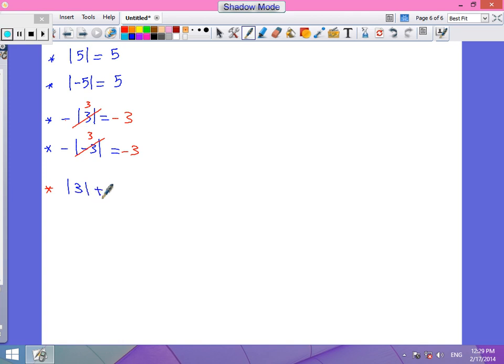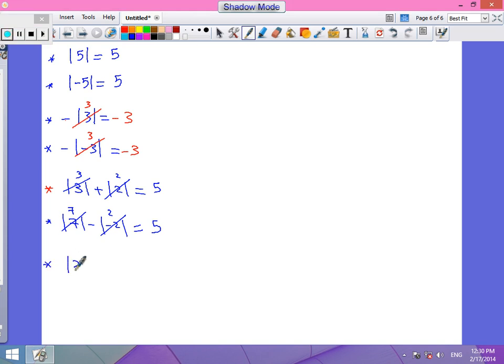We can add the absolute value of 3 plus the absolute value of 2. This equals 3, and this equals 2, so the result will be 5. The absolute value of 7 minus the absolute value of negative 2. Here is 7, and the absolute value of negative 2 equals 2. Then 7 minus 2 equals 5.